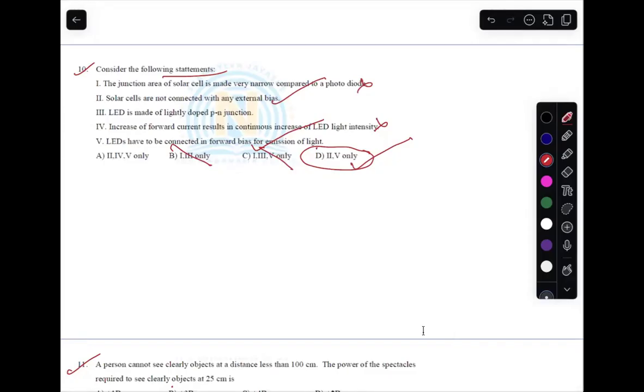Why I am worried is, as per NCERT, an LED is a heavily doped PN junction diode. So LED is not lightly doped. 3 is a wrong option. Wherever you have 3, root it out.